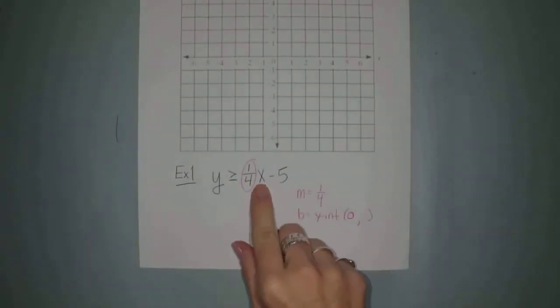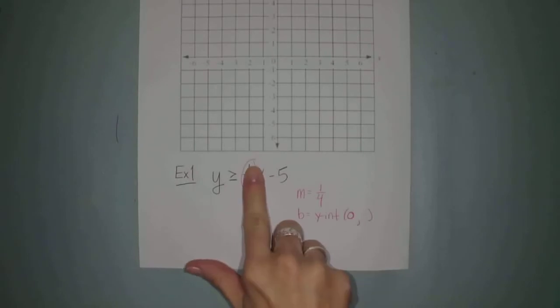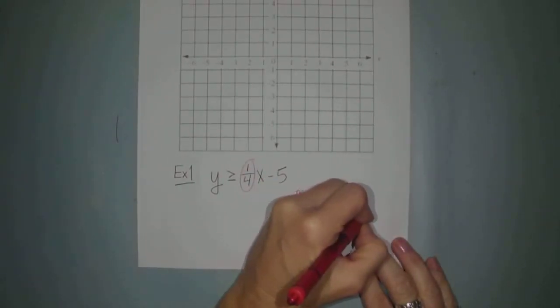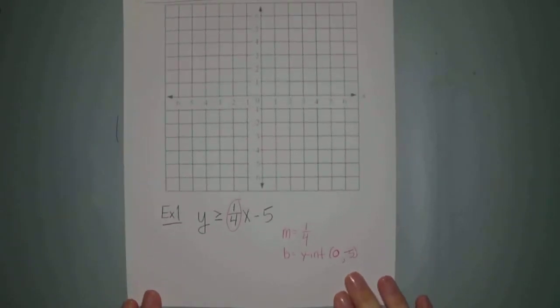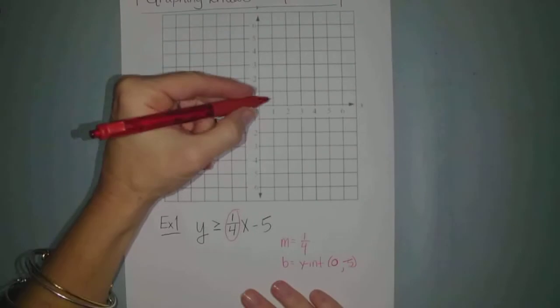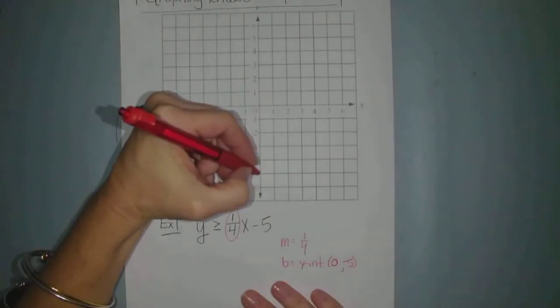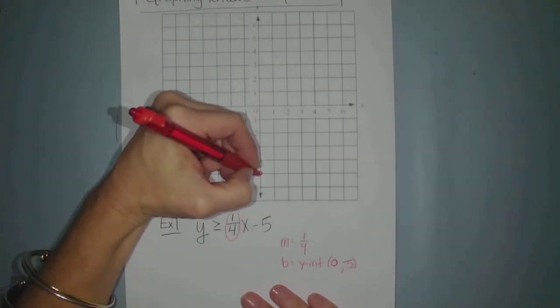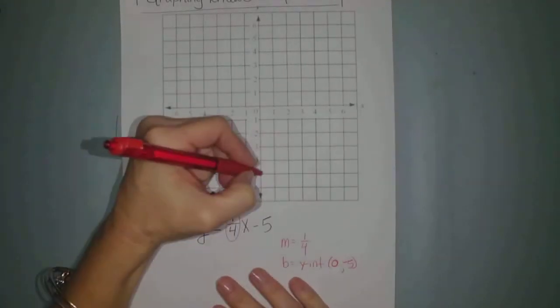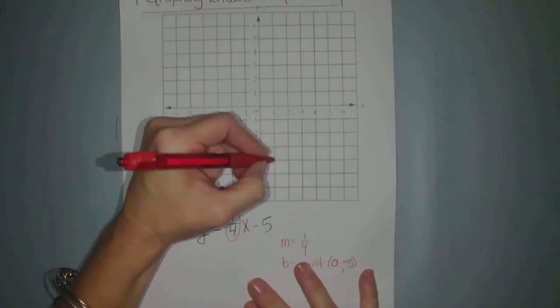And you can see right here, when x is 0, this part goes away, and we are at -5. So we will come up to our graph, and we will launch off from 0, -5, which is down here on the y-axis. There's my b, my y-intercept. And from there, I will rise 1 and run 4.